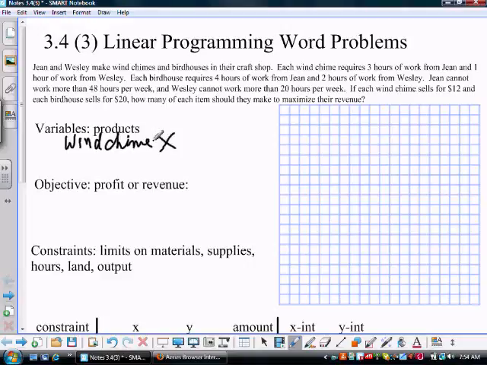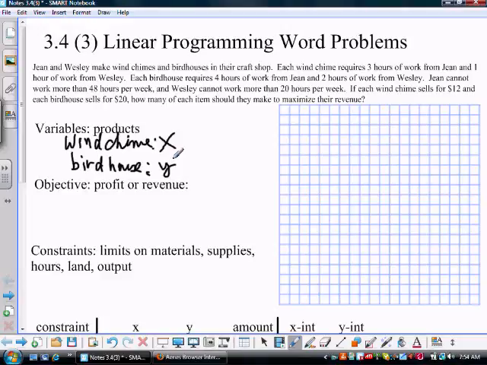You can choose one for x, one for y, it doesn't matter which one. And my birdhouse, I'm going to call my y variable. First thing, figure out your x and y variables.